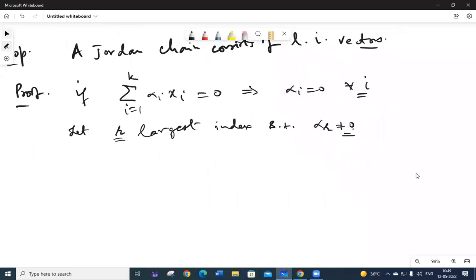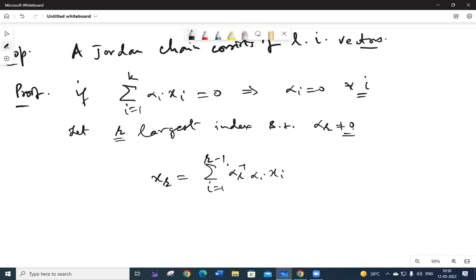Then I can write xR as a linear combination of the rest, with i running from 1 to R minus 1, of alpha R inverse alpha i xi.